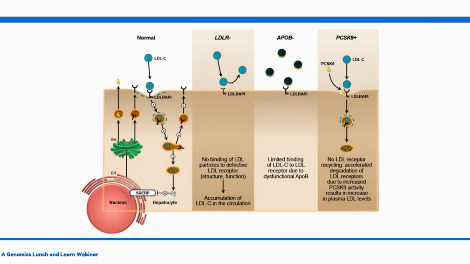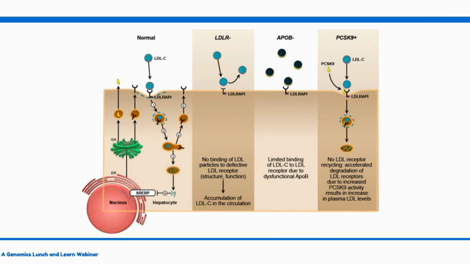So this is the cholesterol metabolism pathway, and I will try my best to explain how these pathways work. This is how the pathways normally work. Starting with the left-hand side, focusing on the LDL receptor, and then I'll move over to the ApoB and the PCSK9, and I will explain how the ApoE pathway works as well, even though there isn't a diagram for that pathway.